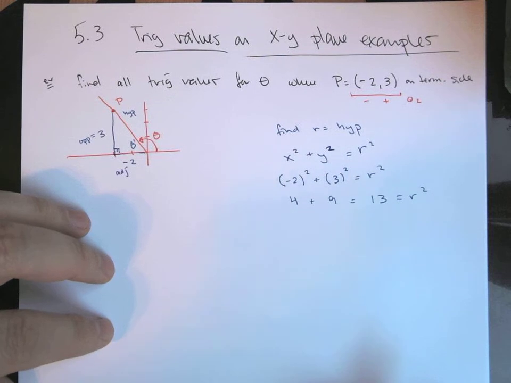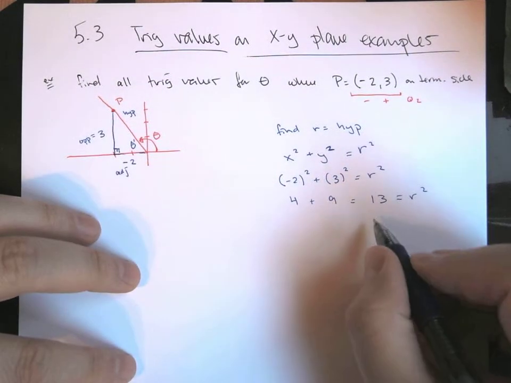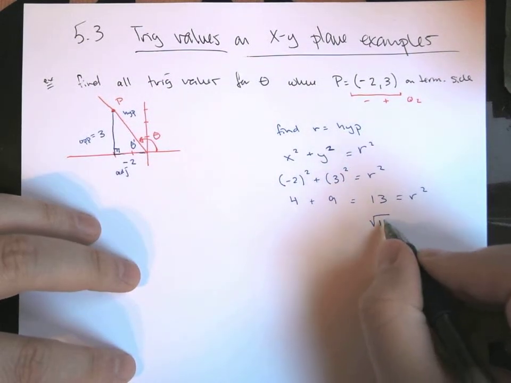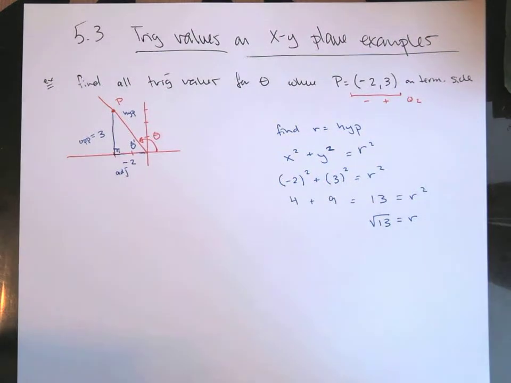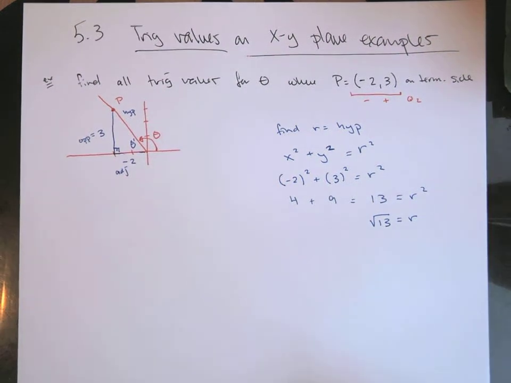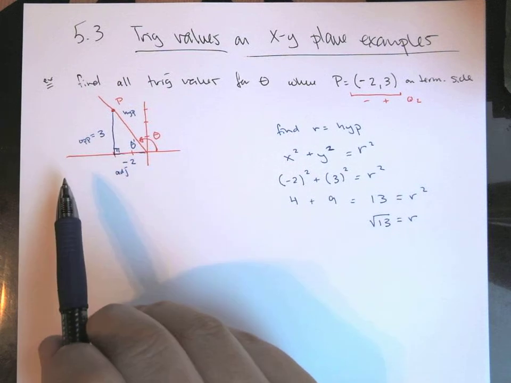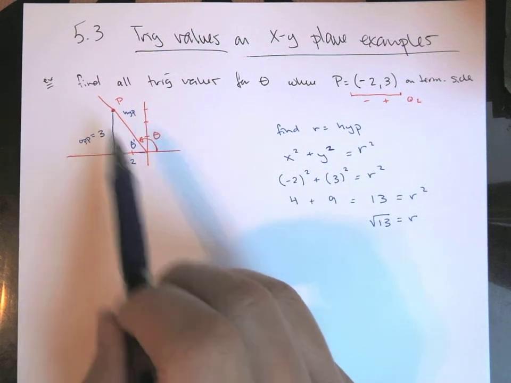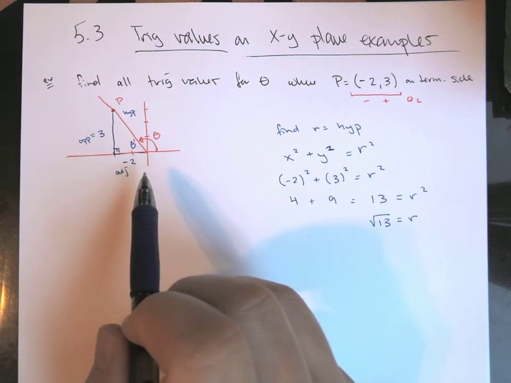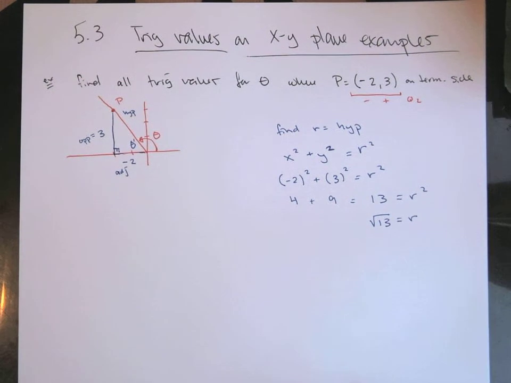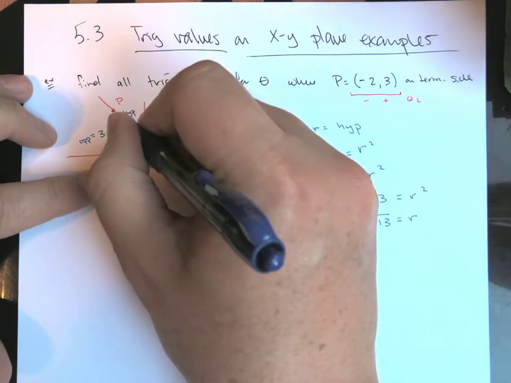If we're introducing positives or negatives, does this mean the value for r could be positive or -13? In some sense, maybe. But to make sense of this and have it be consistent, this r value is really just a length that's diagonal to the axes. So we're going to think of it as a positive. Our radius values are going to be positive no matter what. It looks like it's going to be root 13.